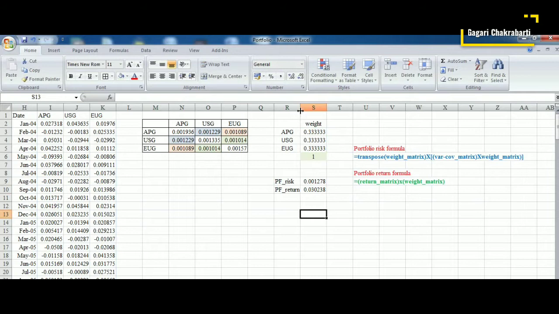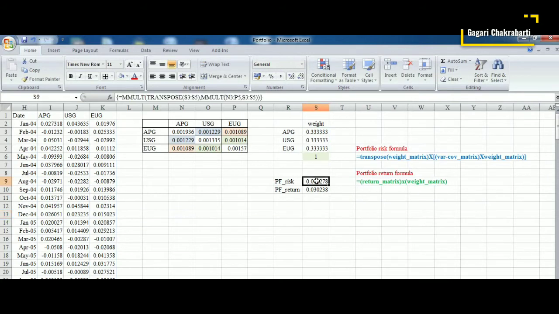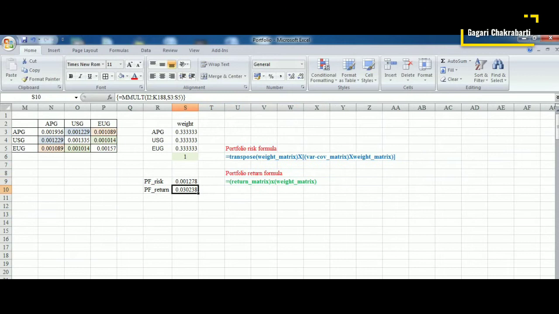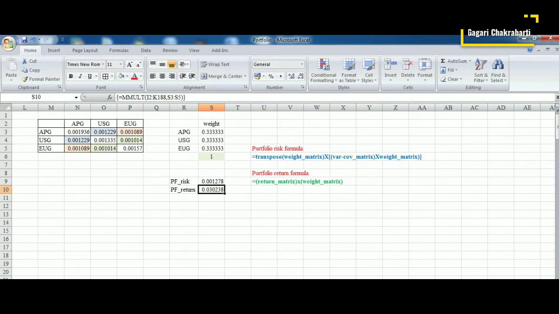So the risk and the return have been computed for the equally weighted portfolio. We shall be saving this as case 1, or the first case. We shall be constructing other portfolios also, and then finally a comparison will be made among the different portfolios.